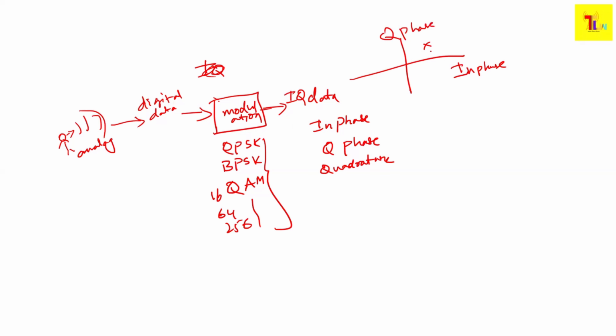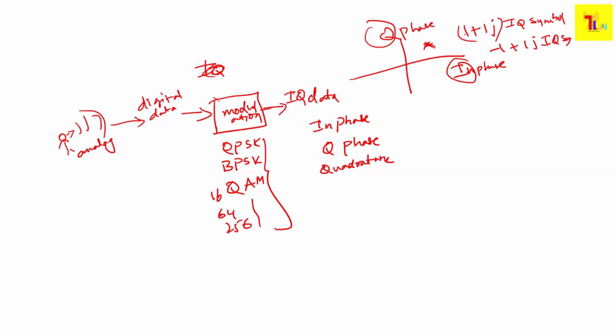Whenever you represent any symbol, it will comprise an I component and also a Q component. This will generally be complex, for example 1 plus 1j is one IQ symbol, or IQ information, or minus 1 plus 1j is another IQ symbol.